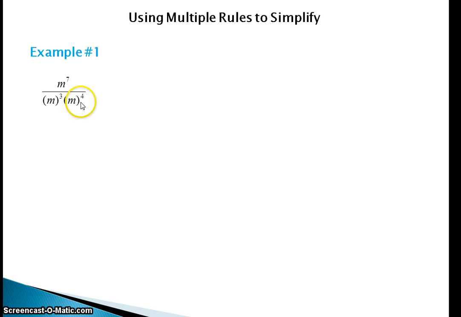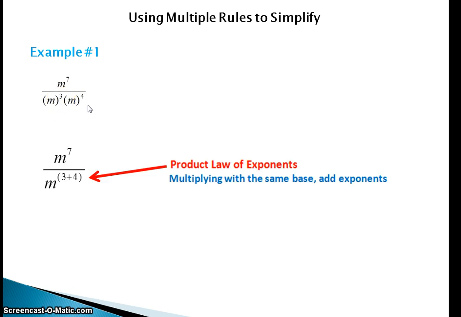So right now I'm going to focus on the denominator, and I'm going to apply the product law and add those 2 together. So I'm going to end up with m to the 7th power in the denominator. I have the same thing in the numerator, and so this simplifies to 1. Pause now and copy down this entire example.